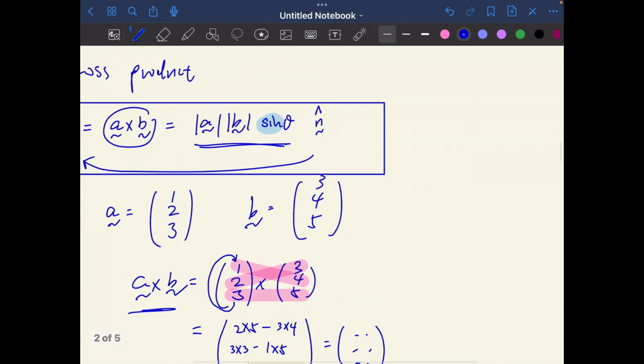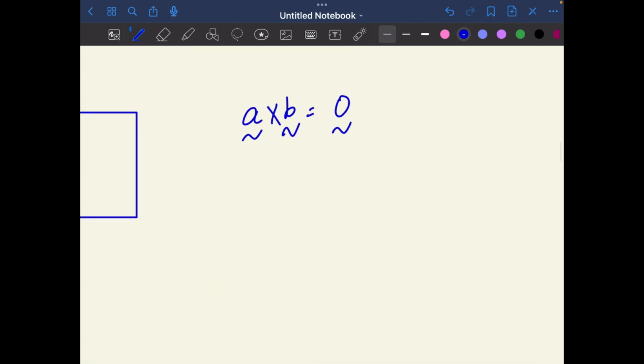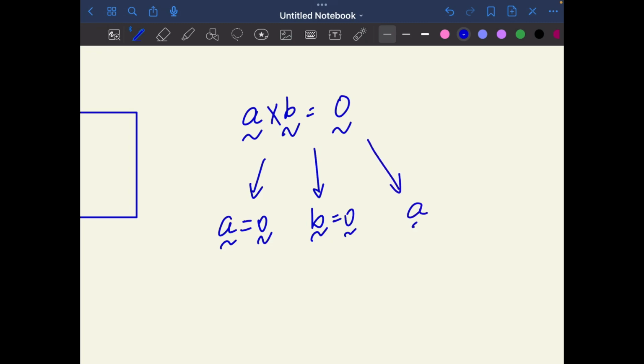If the question tells us that some vector a cross b equals a zero vector, then we can conclude that there are 3 scenarios. The first is that a is a zero vector, or b is a zero vector, or a is parallel to b.